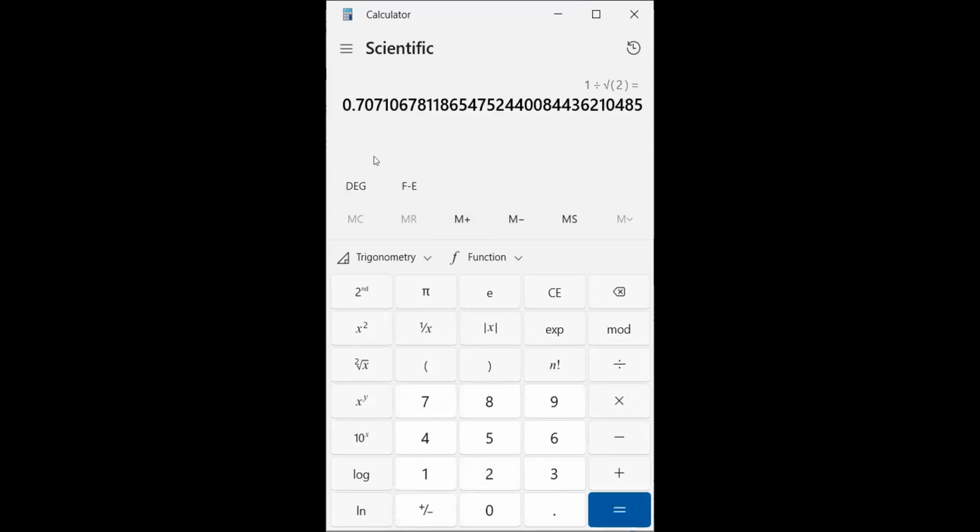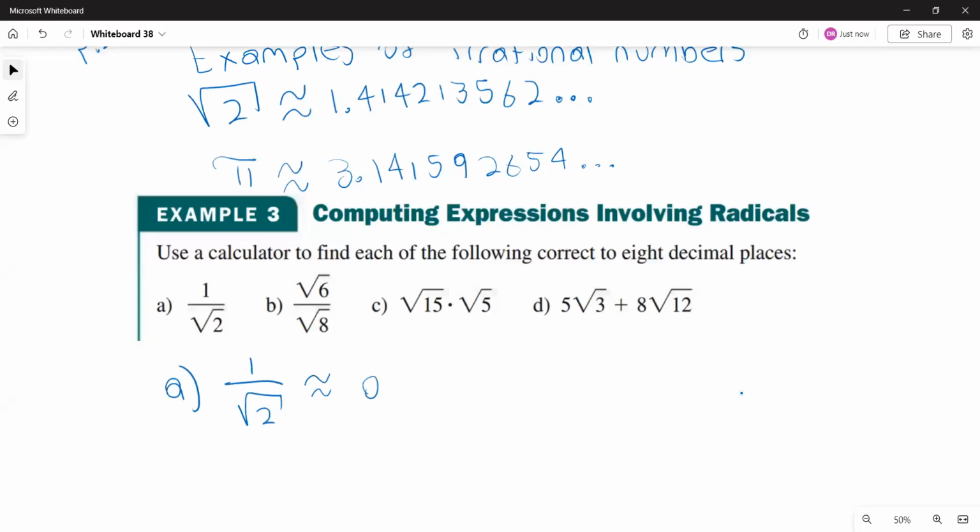You have the answer there. So to 8 decimal places, that's going to be approximately 0.70710678.